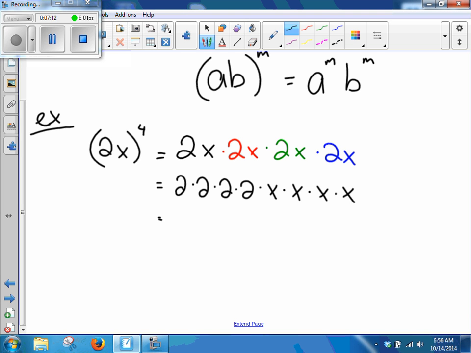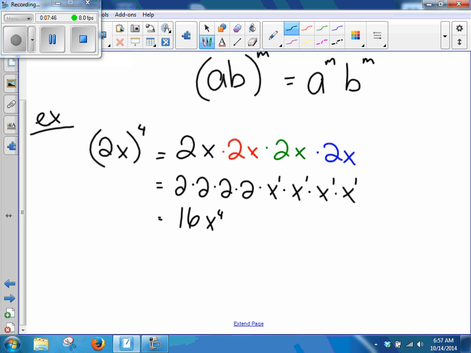And now simplify. Well, what's 2 times 2 times 2 times 2? We have 4 times 2, and then 8 times 2, so we get 16. And then x times x times x times x, well, those are all exponents of 1, right? So if I have 4 variables there with no exponents, they're just 1, so if I add those exponents together, I get 16x to the 4th.